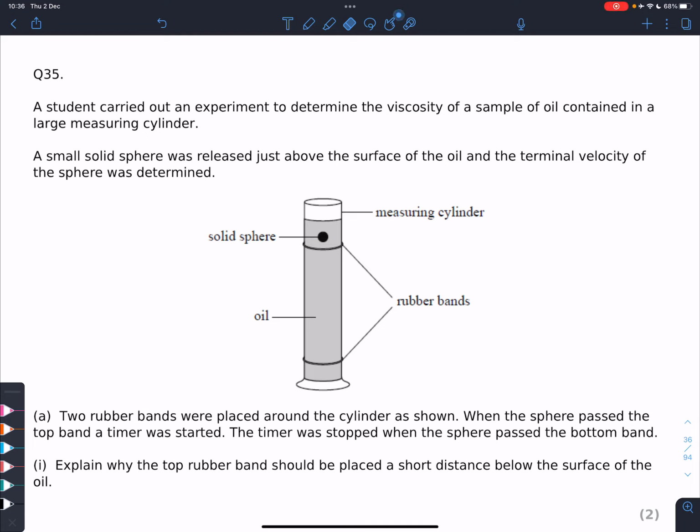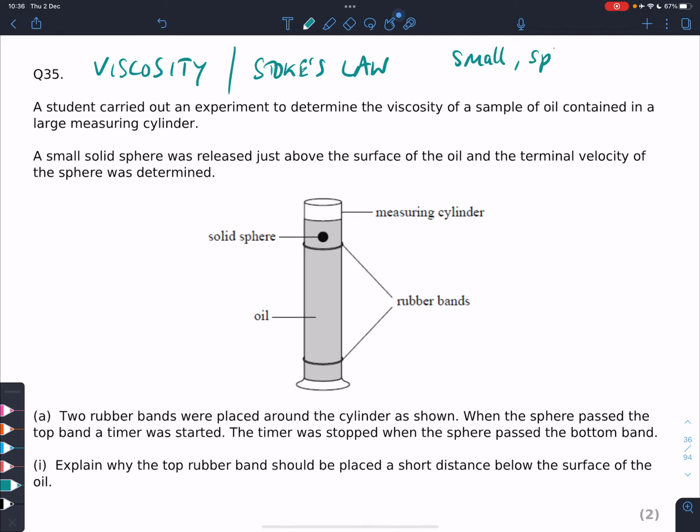Okay, so this is a question on viscosity and Stokes' law. Stokes' law is all to do with small objects flowing slowly. So it's small, smooth, spherical objects moving slowly.